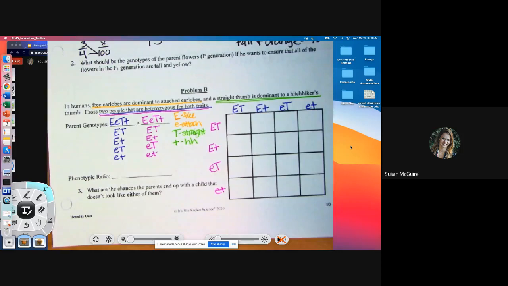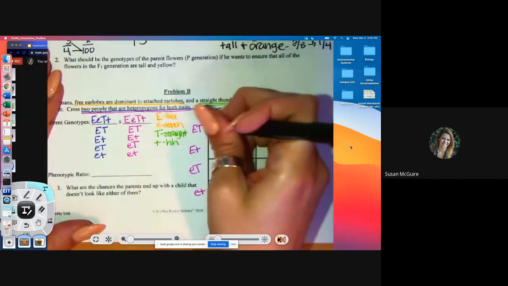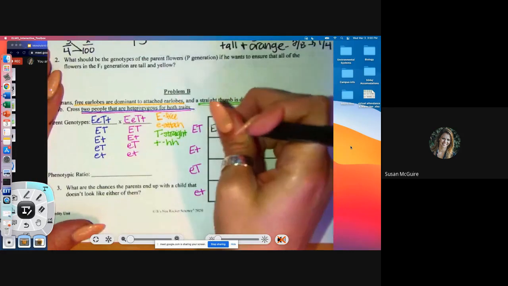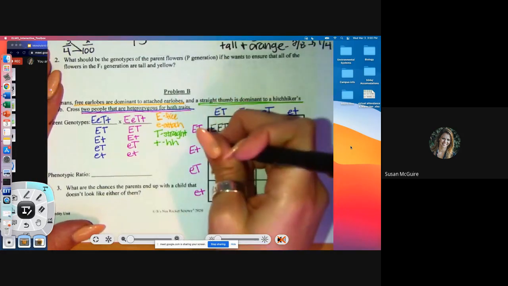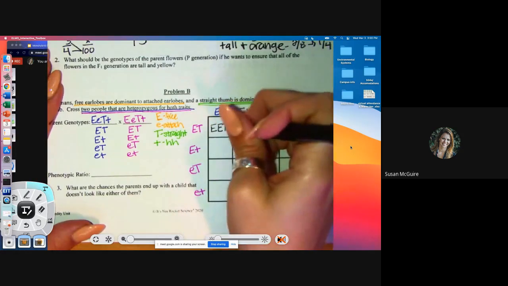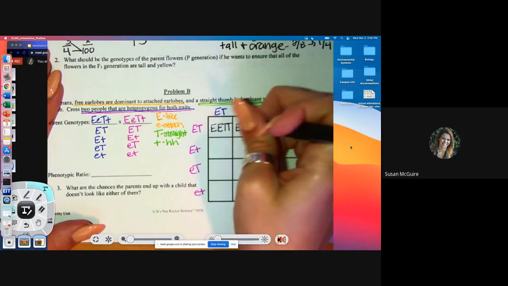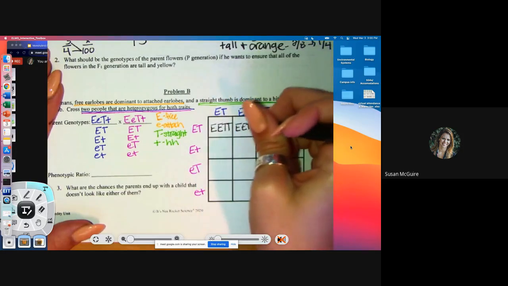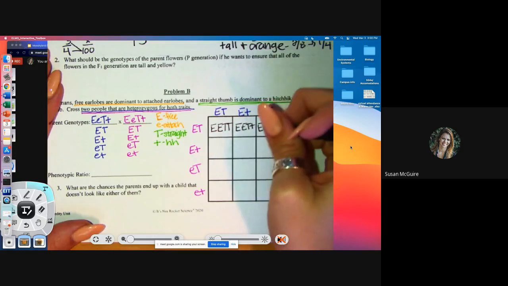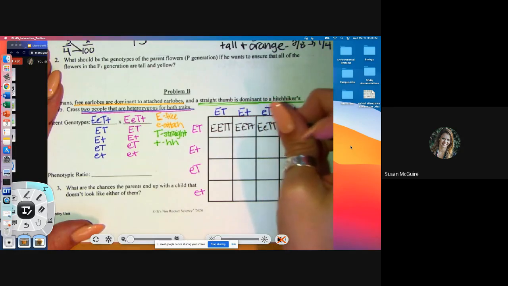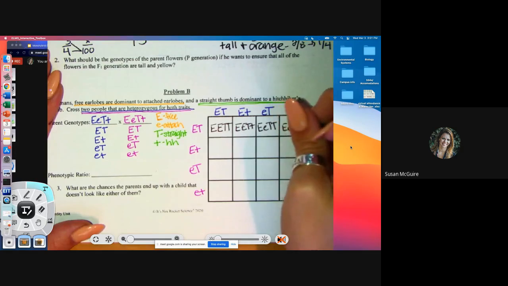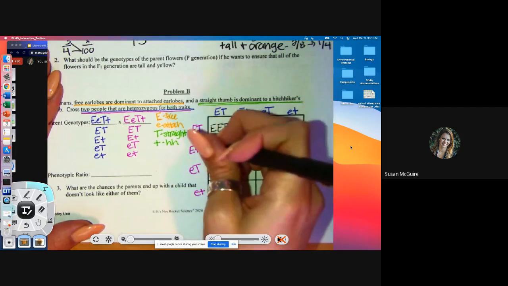And we did the notes for dihybrid crosses. So we have big E, T, T, E, E, T, T.